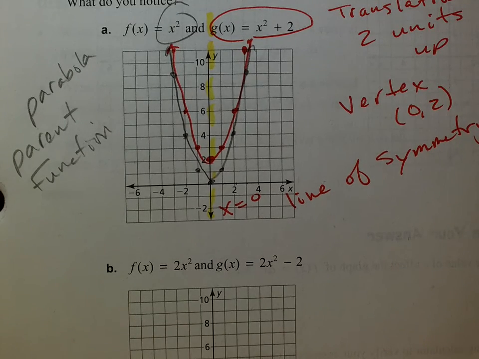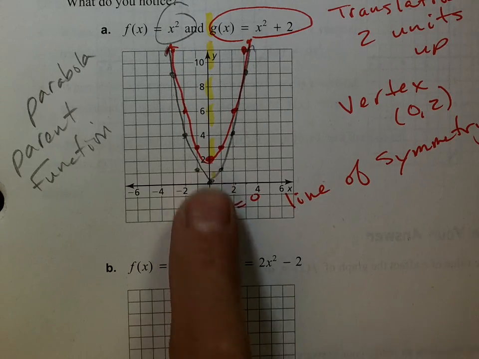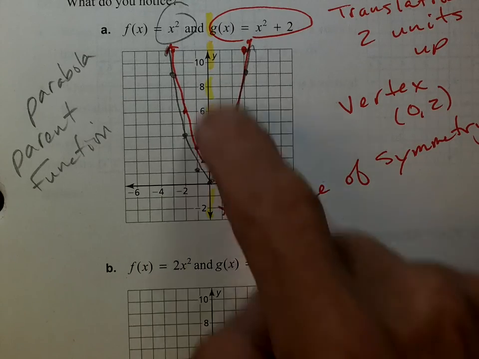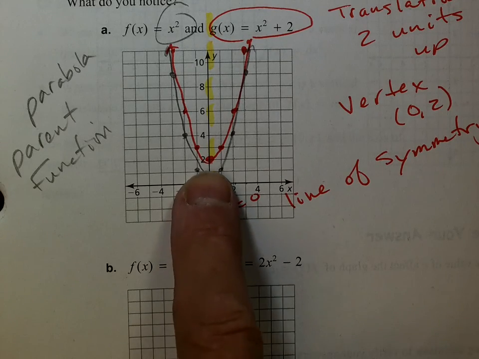So all we did was we took our parent function and we just moved it up 2. That's all we did. It's still the same 0 squared, 1 squared, 2 squared, 3 squared, except it's just moved up 2. We have a vertex now not at 0, 0, but our vertex is at 0, 2. That's where the bottom point is. Line of symmetry still goes through the middle of it at x equals 0. And we translated it 2 units up.